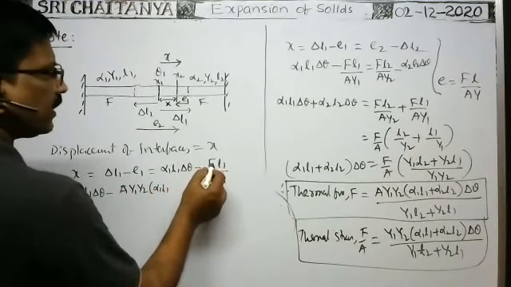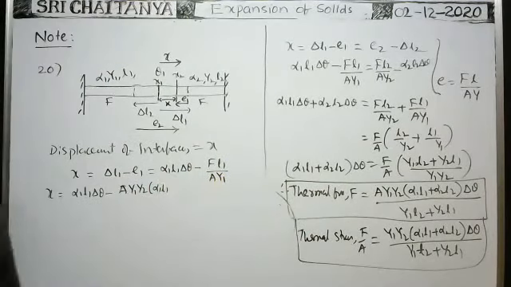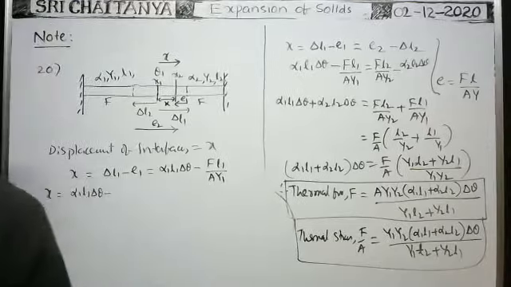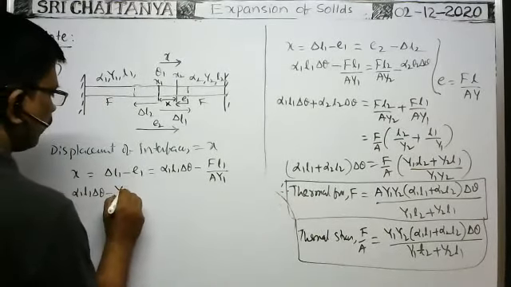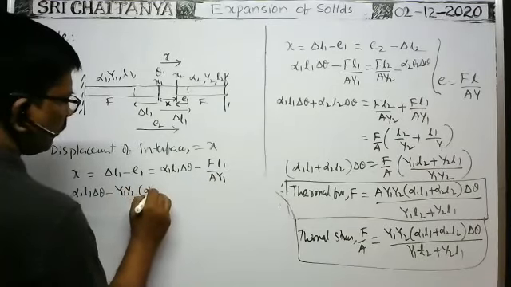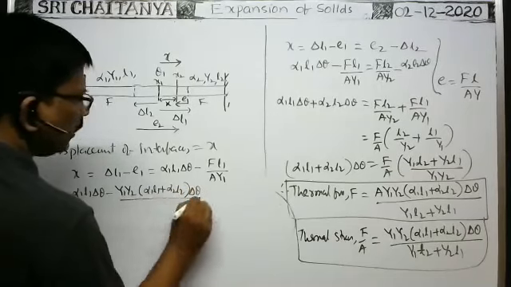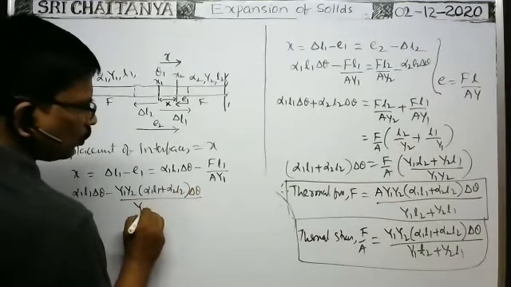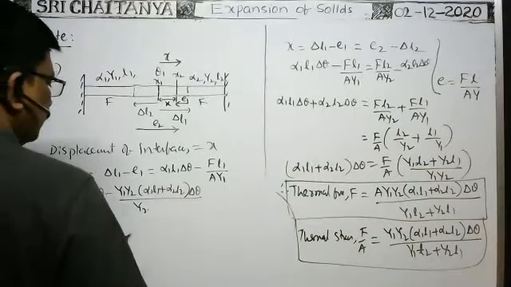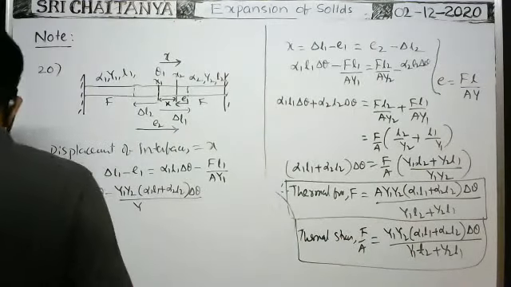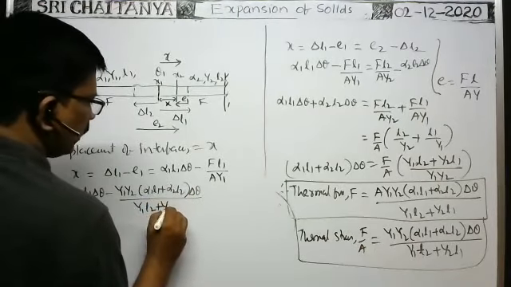Of course, we can substitute directly F by A value. F by A means this one. So Y1 Y2 alpha 1 L1 plus alpha 2 L2 into delta theta by Y1 L2 plus Y2 L1.